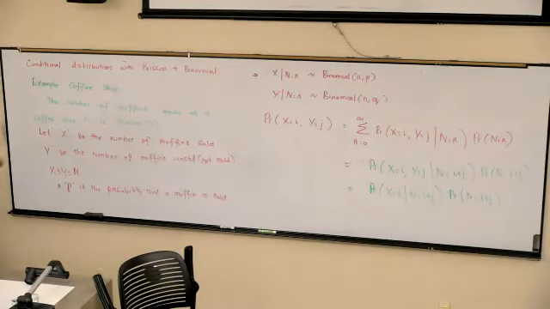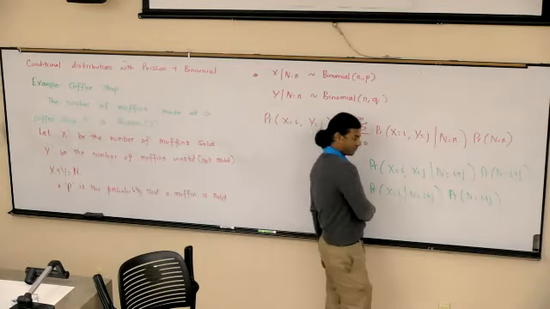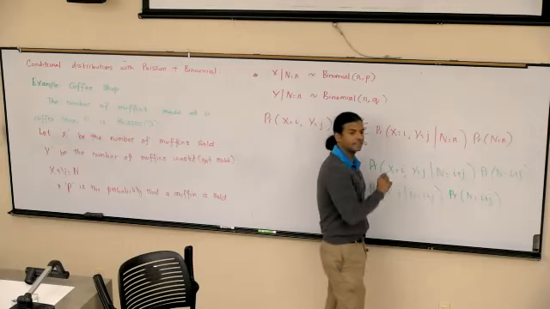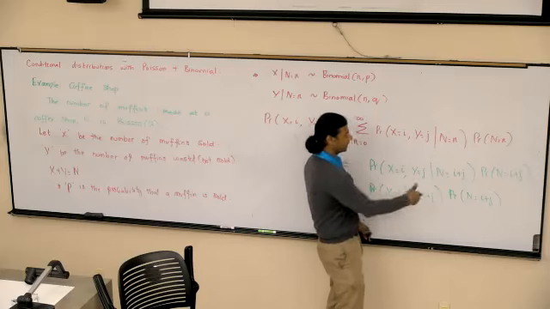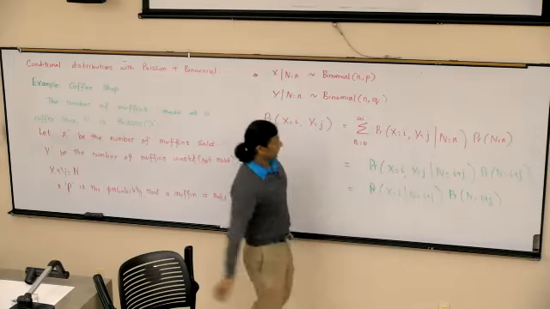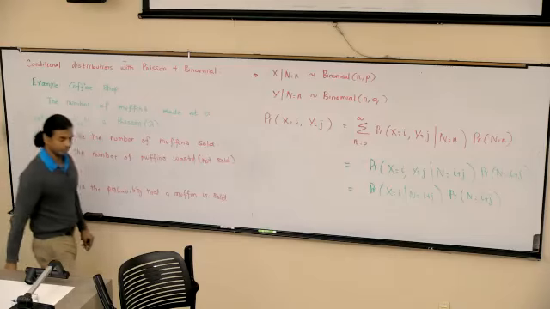And the entire conditional part is simply telling us that this is true because I have set n to be one fixed value, and that one fixed value is i plus j. We know the distribution of a binomial.